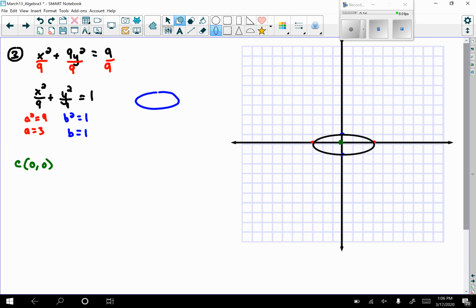Go ahead and write in the vertices. So one vertex at the end here is going to be 3, 0. The other one at negative 3, 0. I have 0, 1, and 0, negative 1.